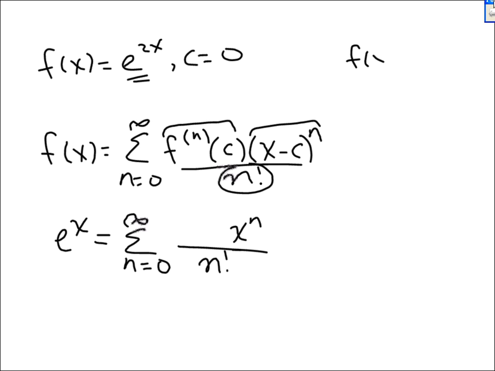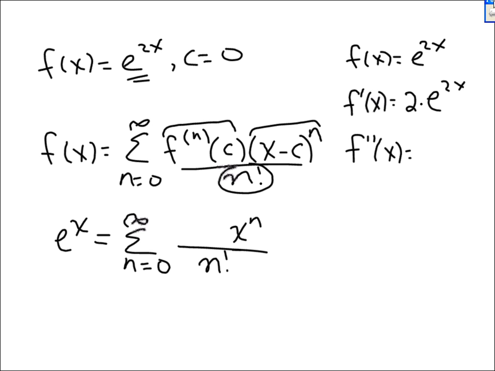f of x, that is the 0th derivative, is e to the 2x. The first derivative, well, the derivative of e to any power is e to that power times the derivative of the power, which is 2. The second derivative will be 2 times the derivative of this.